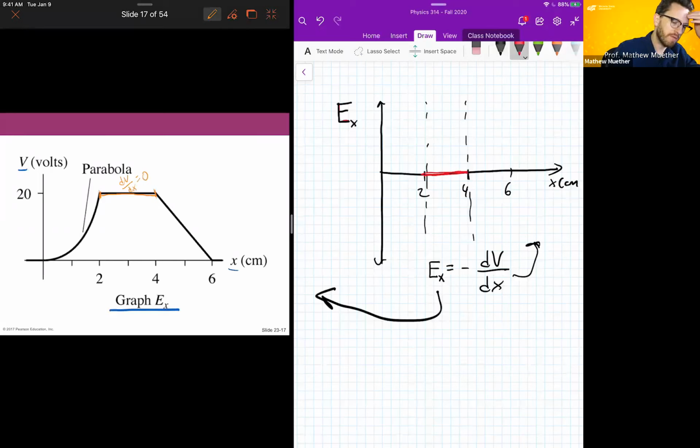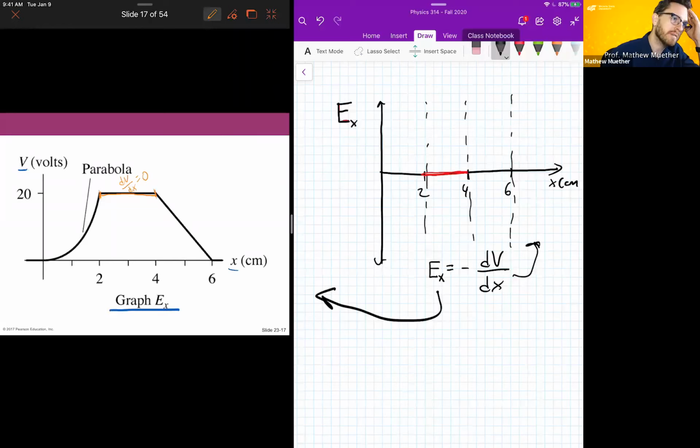What about from 4 to 6? Can you guys all try to type into the chat how you think the electric field looks between 4 and 6? How about let's start with the sign. What's the sign of the electric field between 4 and 6?